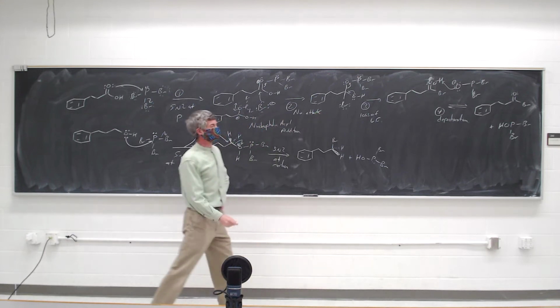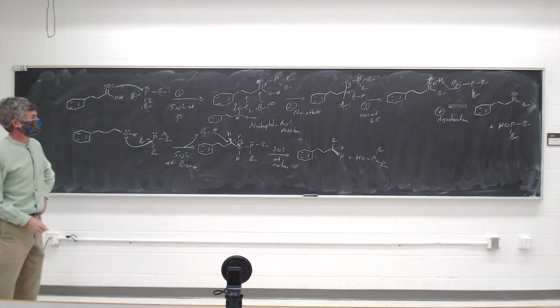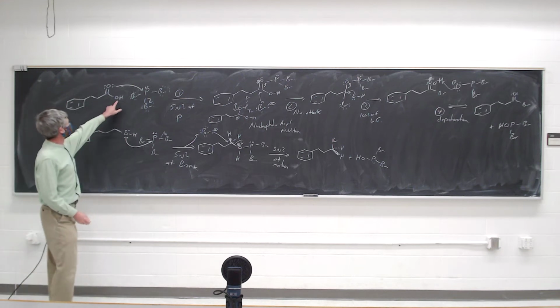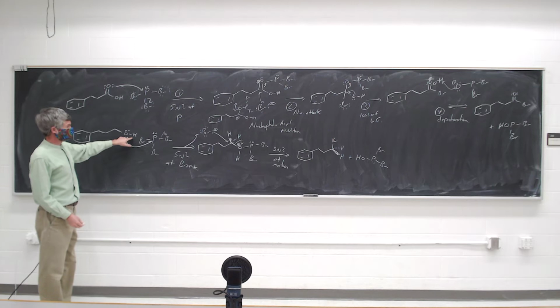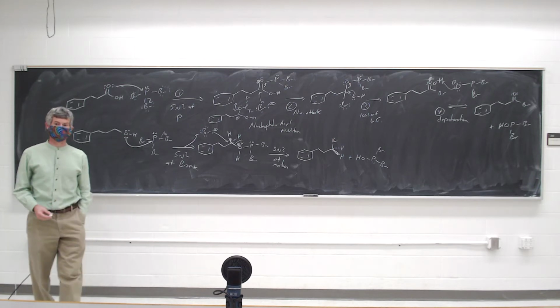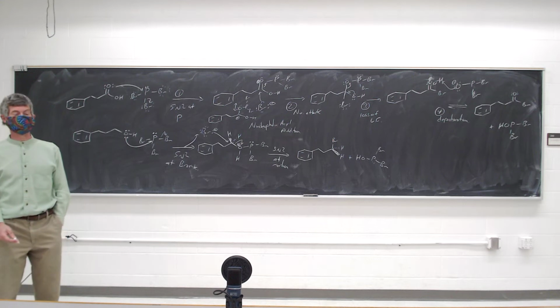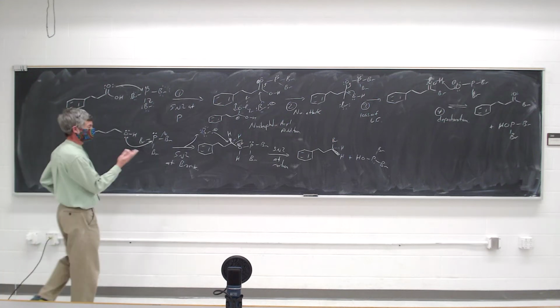Then the loss of the leaving group being pushed by that extra oxygen and the proton transfer. But the net effect is to substitute an OH group for a Br, just like the net effect in this one is to substitute an OH group for Br, and the other product is the same as HOPBr2. So 4 steps in stage 1.